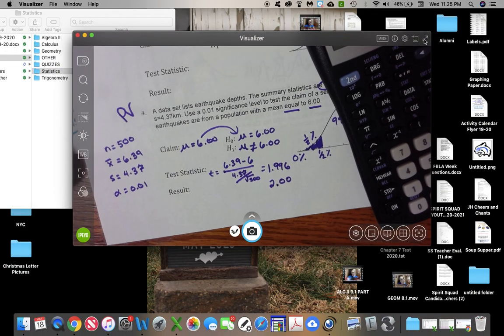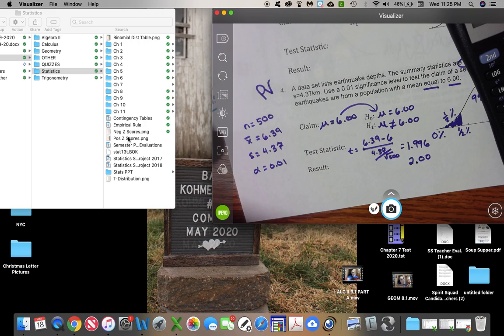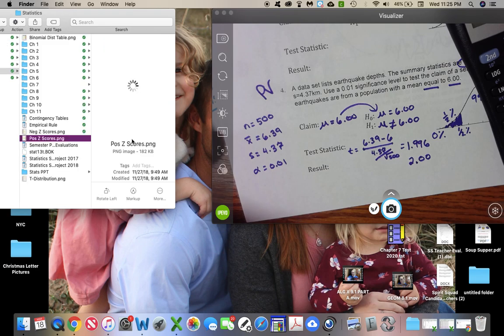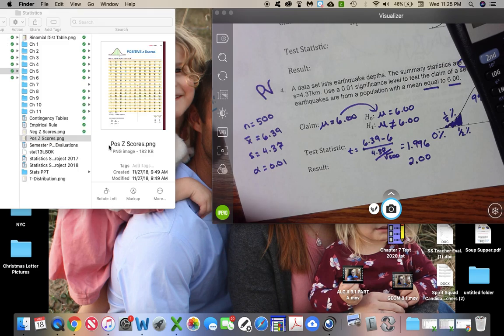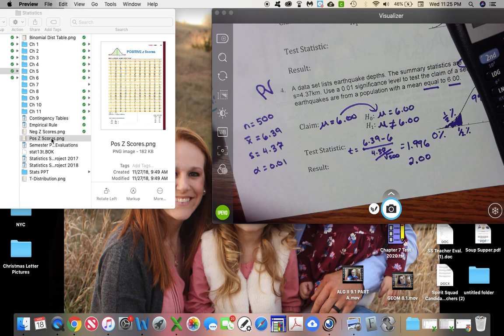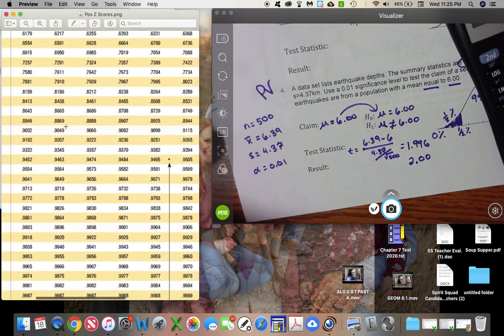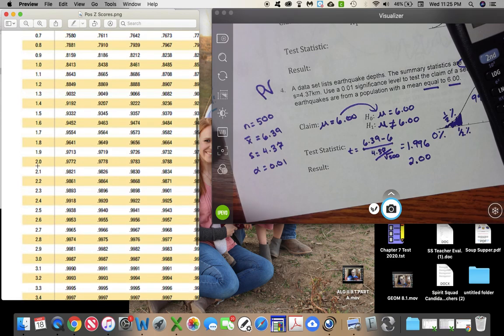Now I'm going to look it up in the table. Since our n is bigger than 30, we look it up in the z-chart. It's a positive number, so I need positive z-scores. So we want to look up 2.00.